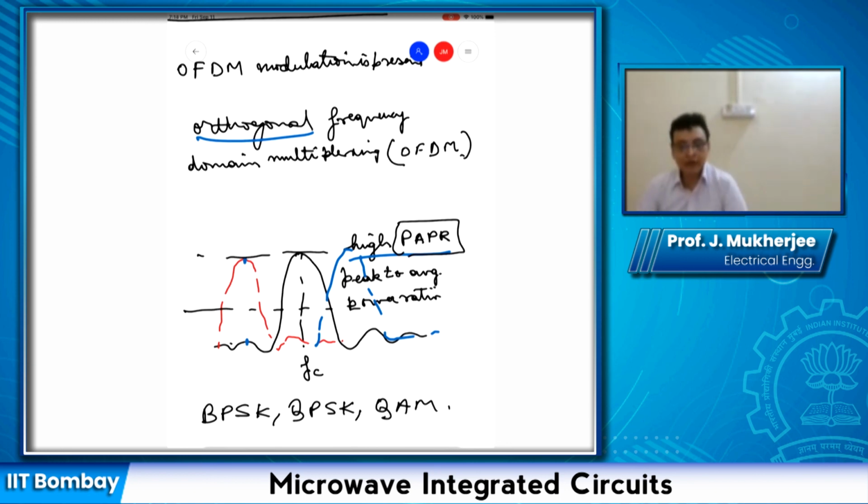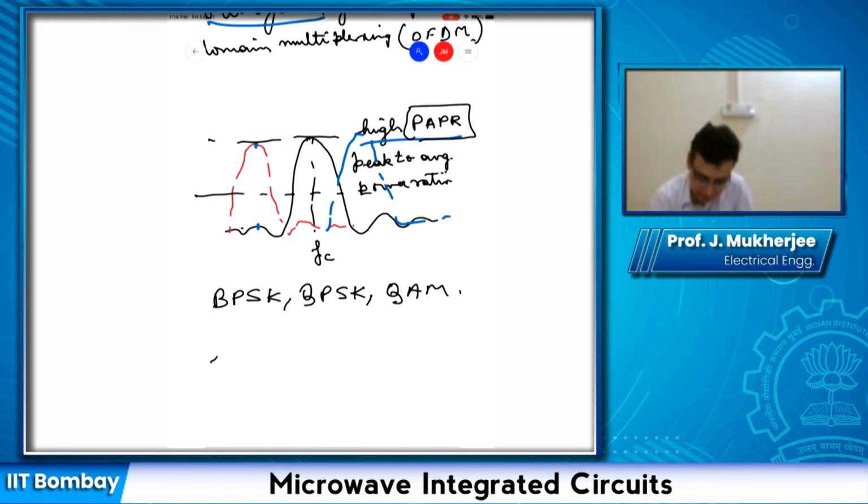Okay. One way it is done is by what is known as load modulation. So what is load modulation? Now, while discussing the various amplifiers, the load ZL, recall, was constant.